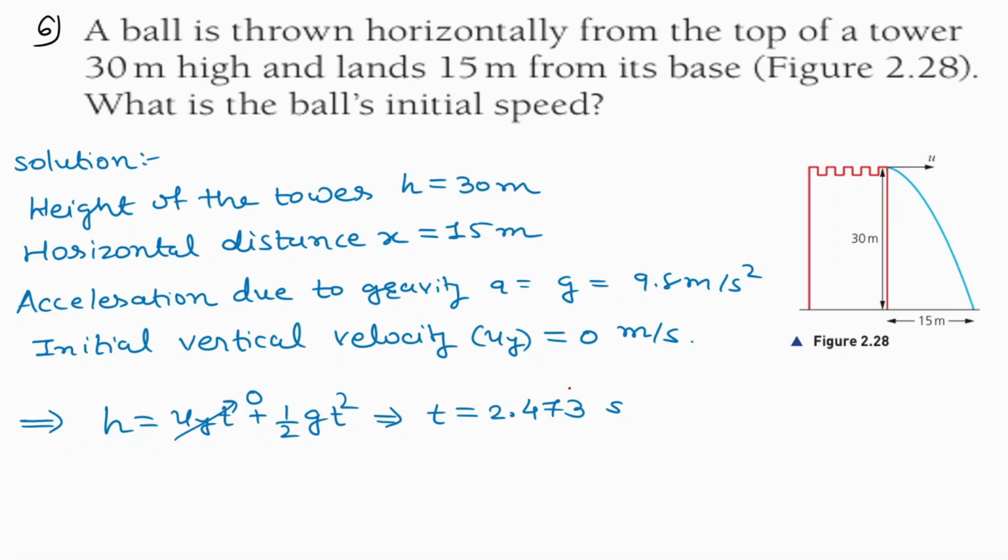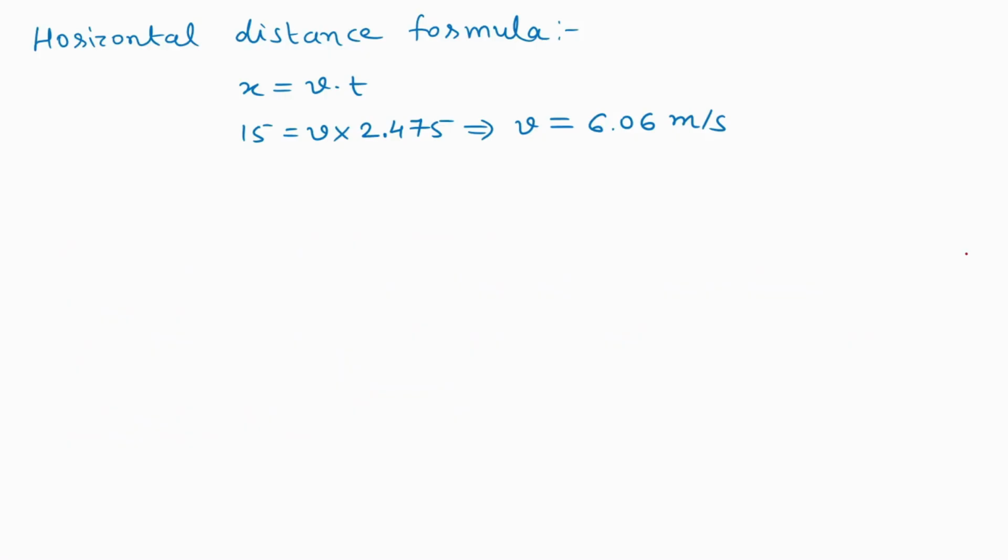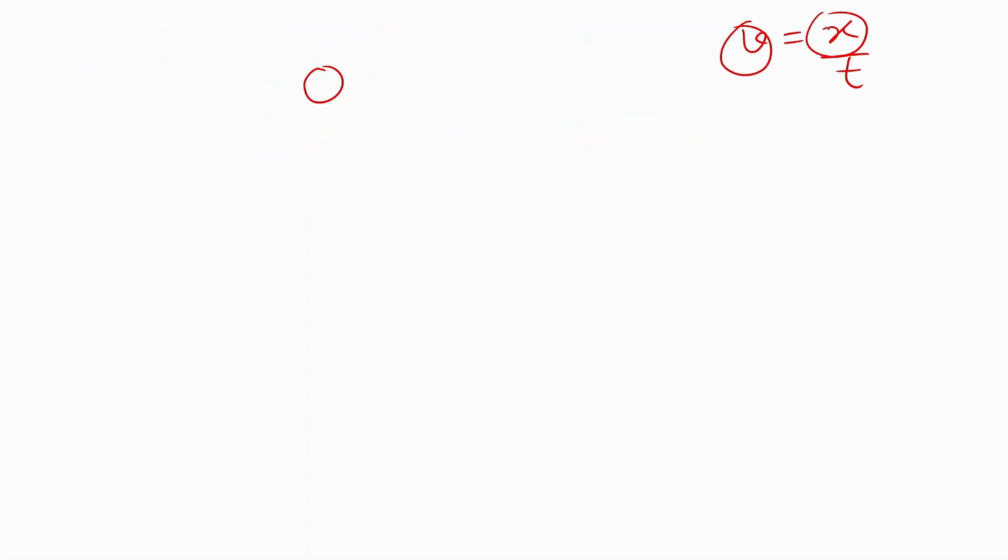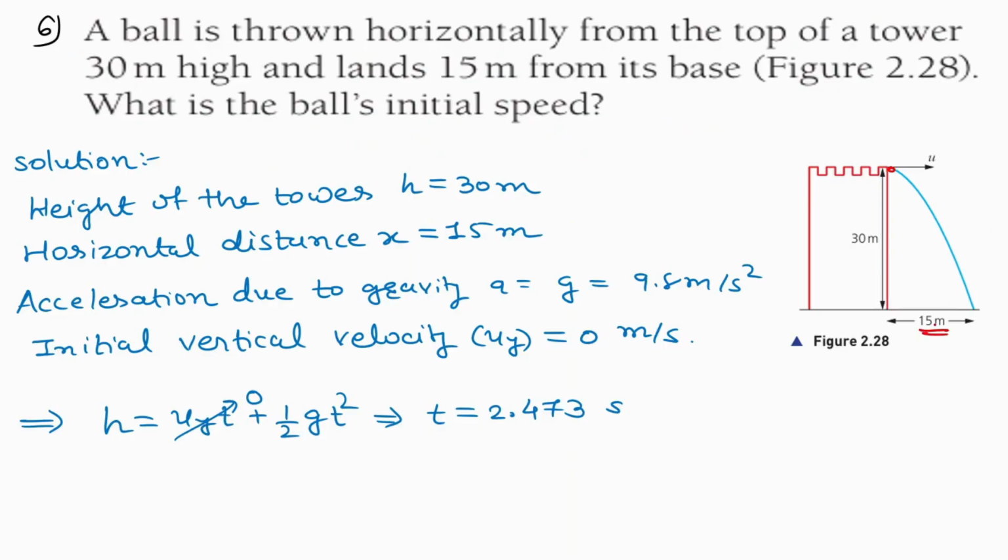So this is the time the ball takes from this position to this position. Lastly, we need to find the initial velocity. So we use this equation: velocity is distance upon time. We have x, which is 15 meters, given to us, and the time, which we already got here.